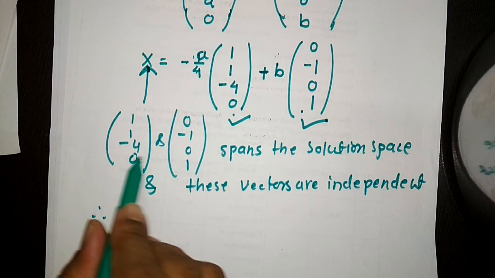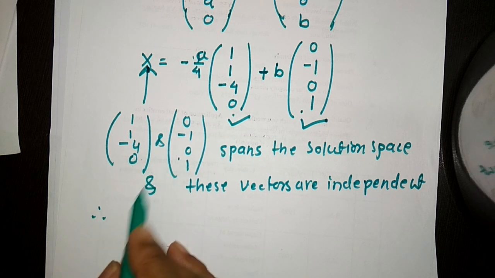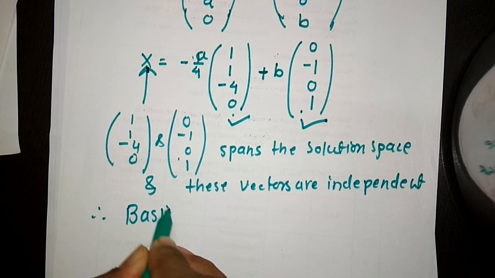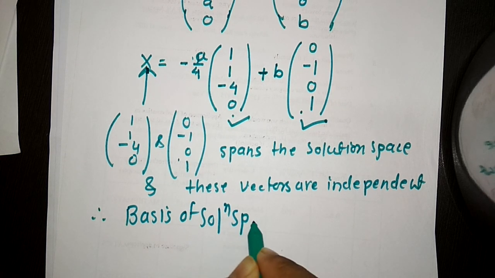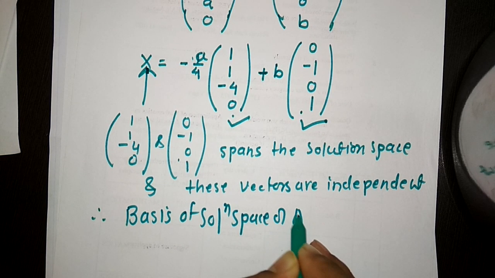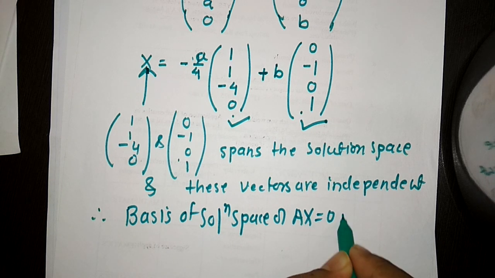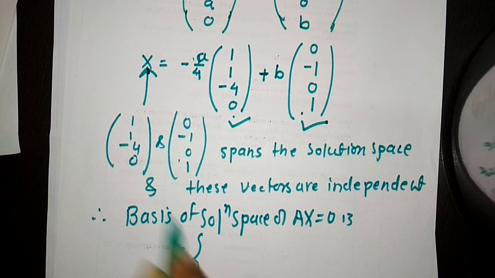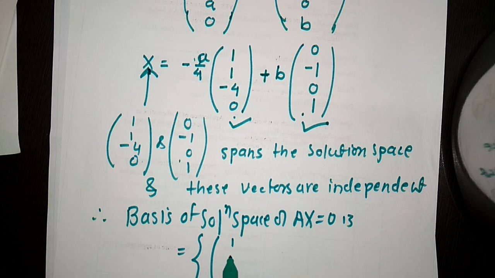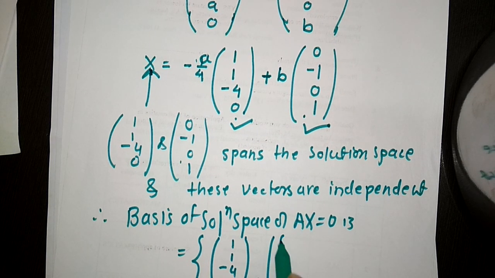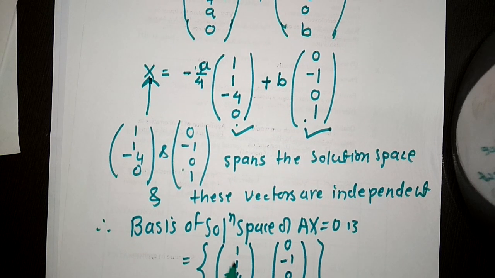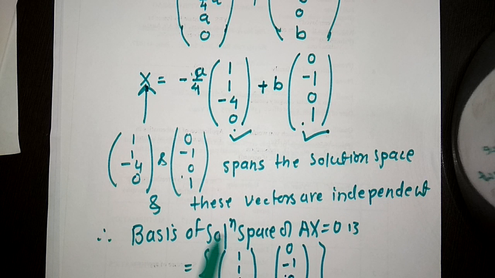Therefore, these two vectors are the basis. The basis of the solution space of the homogeneous system Ax equal to 0 is the set containing the two vectors 1, 1, minus 4, 0 and 0, minus 1, 0, 1.